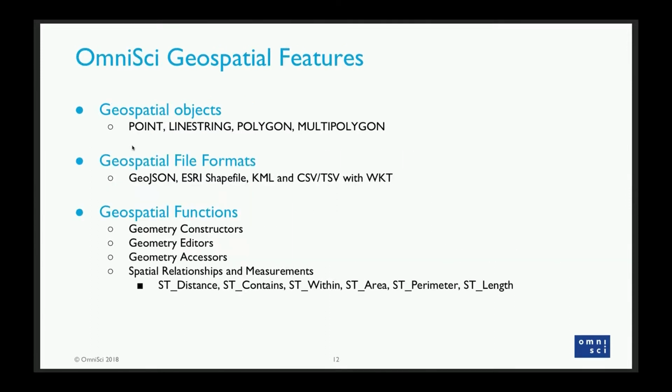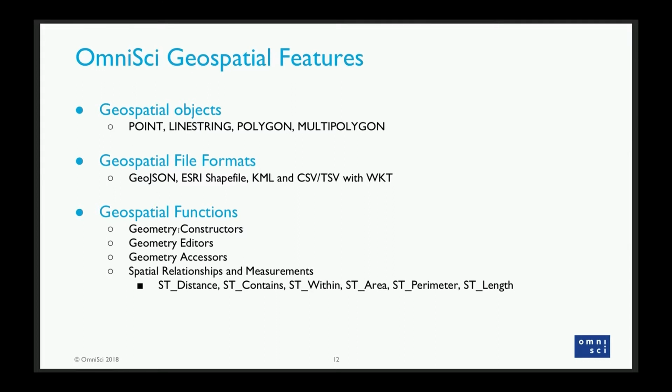We support geospatial features. This year we introduced support for geospatial features, so you can support point, line string, polygons, multi-polygons. Also you can import Esri shapefiles, GeoJSON, CSV for getting your data in.